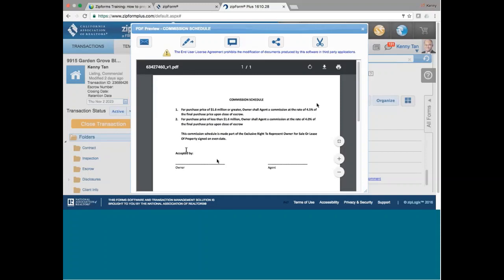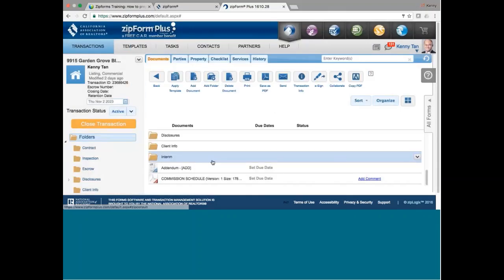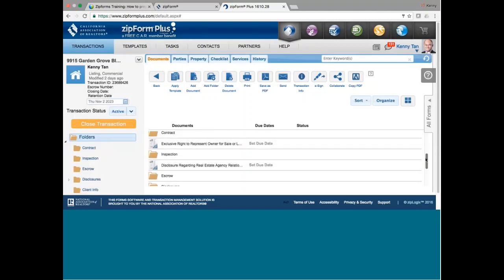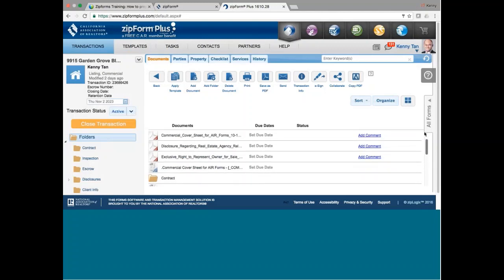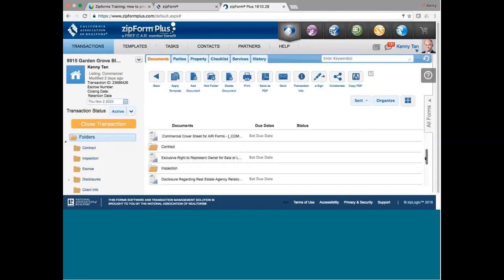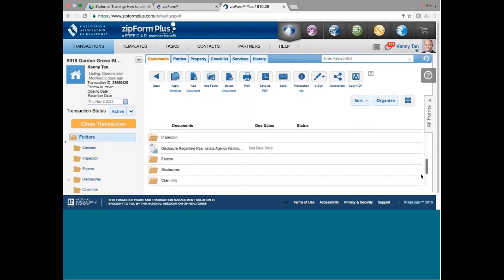E-sign here, e-sign here. Make sure this is attached to your AIR form. Now remember, you still need your agency disclosure though. So don't forget to make the client sign the agency disclosure because this is a sale of real estate. For sale of real estate, it doesn't matter whether it's commercial or residential, you need the agency disclosure, right?